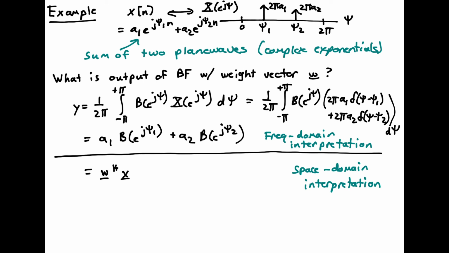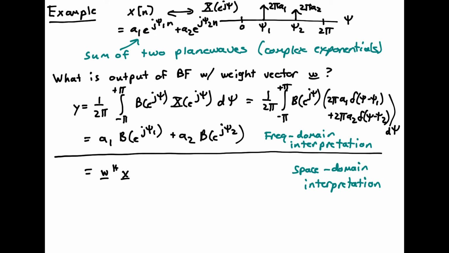Okay, so I have an input that's a sum of two plane waves, a sum of two complex exponentials, which means that the input spectrum looks like a line spectrum. It contains two delta functions. So now I can do what I did before and ask, what is the output of the beamformer when I apply the weight vector W?